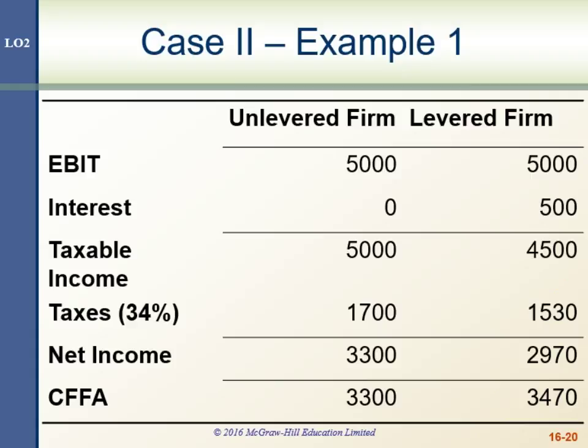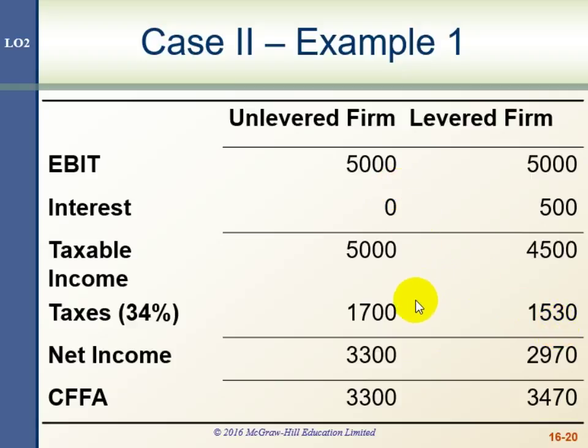So the cash flow from assets, remember from way early on in the Business 370 course, we talked about cash flow from assets, and it was essentially EBIT minus interest plus taxes. No, that's not true. It's EBIT minus taxes, and so the cash flow from assets is EBIT minus the taxes. So EBIT is 5,000. The tax amount is 1,700 versus 1,530.